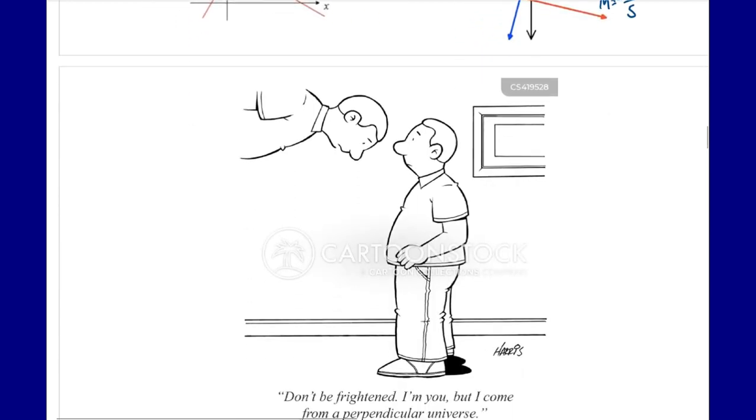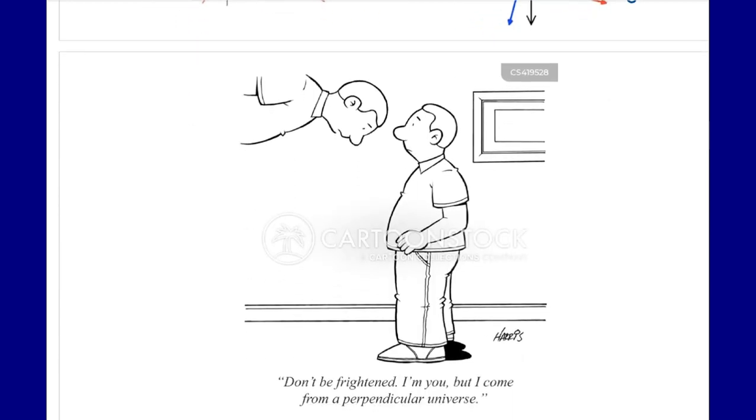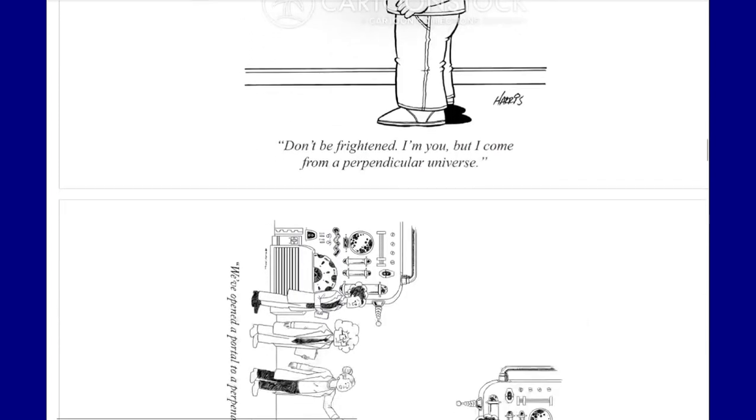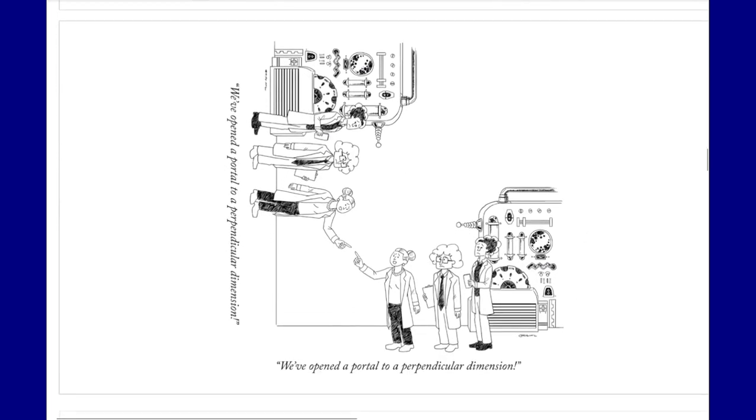Again, some more comics. Don't be frightened, I'm you, but I come from a perpendicular universe because they're at 90 degrees. Ha ha ha ha. We've opened a portal to a perpendicular dimension. A lot of times you hear parallel dimensions, the same kind of thing, just a different starting point but moving in the same way.